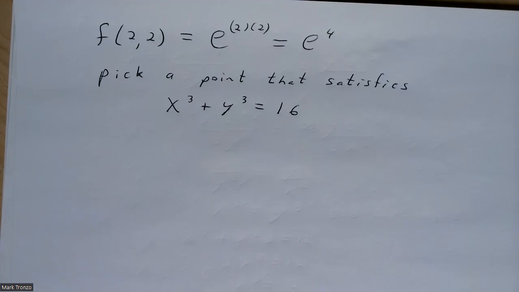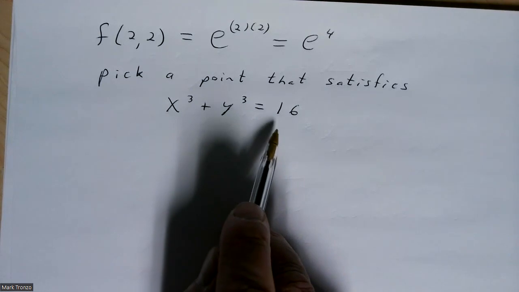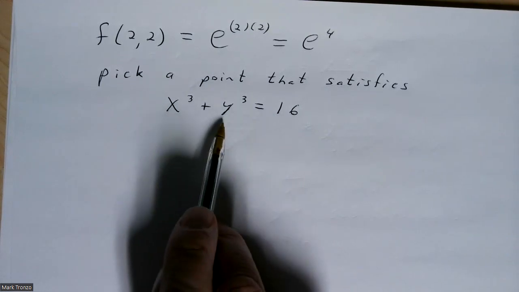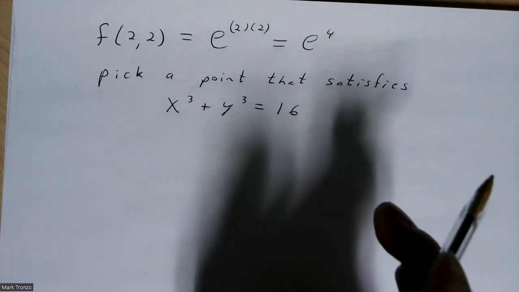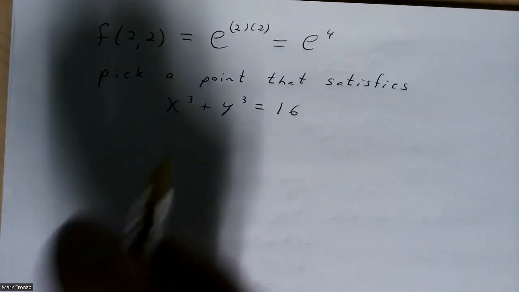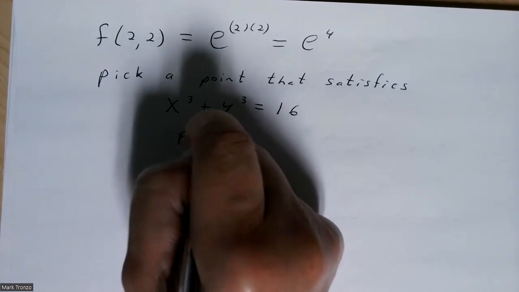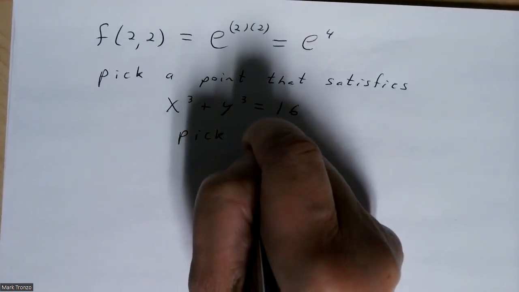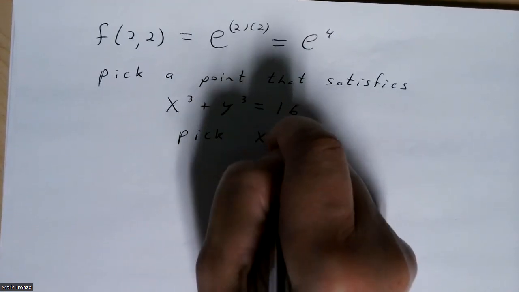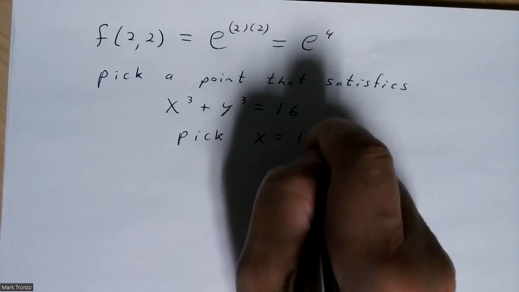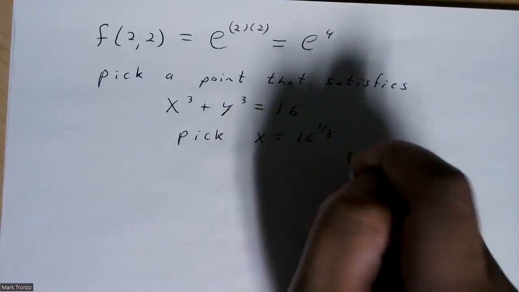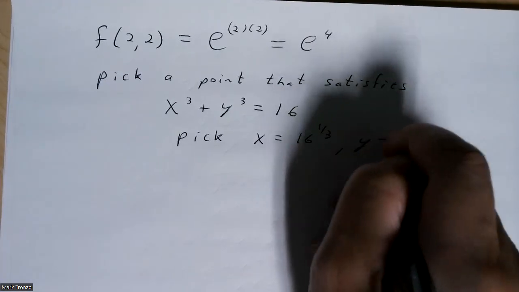Let's see, what could we pick here? This has to end up being 16. Maybe the simplest thing would be to pick x equal to the cube root of 16 and y equals 0.